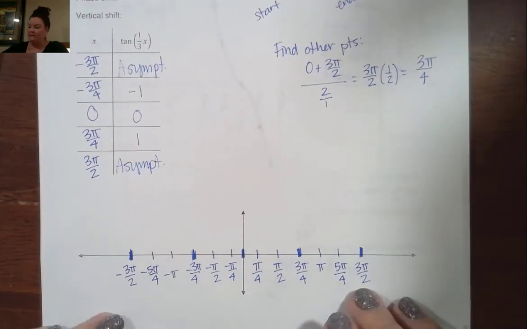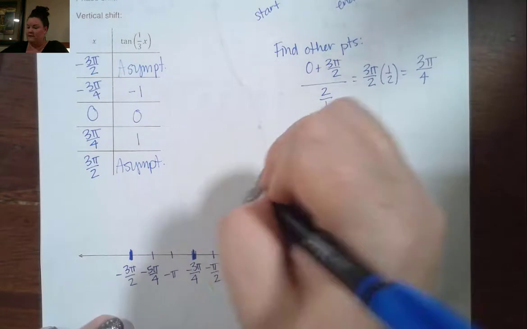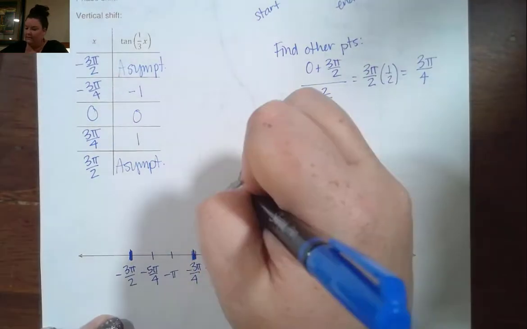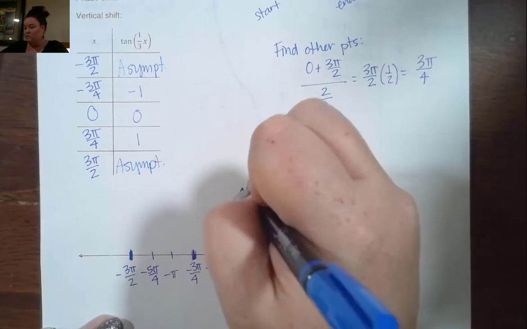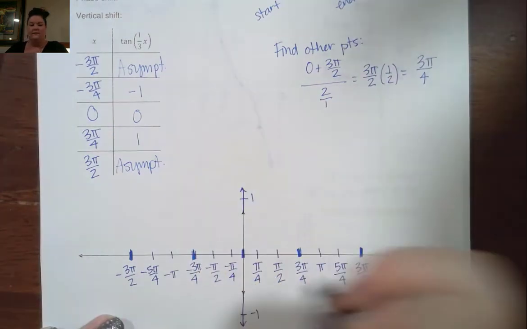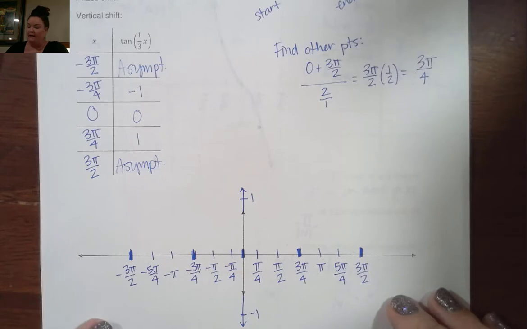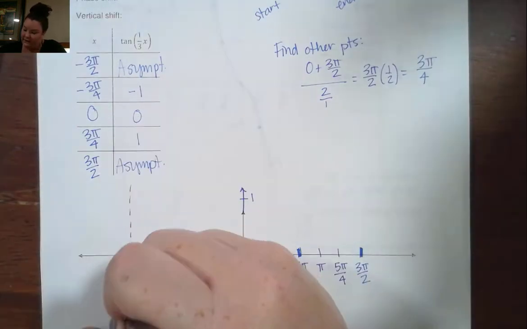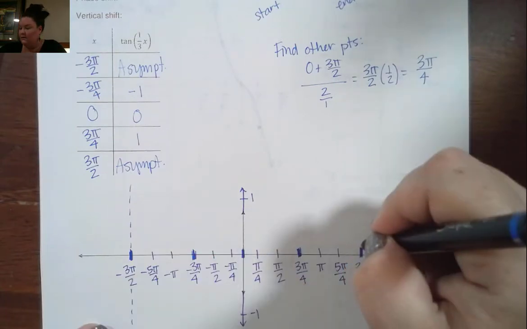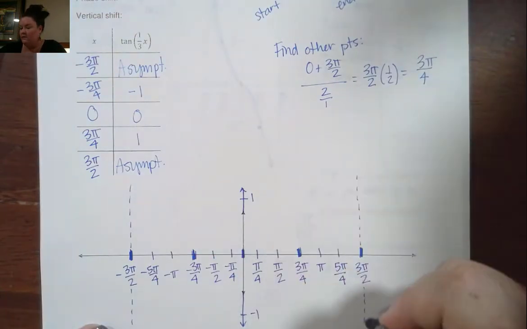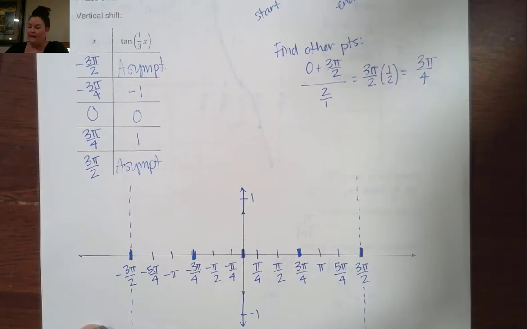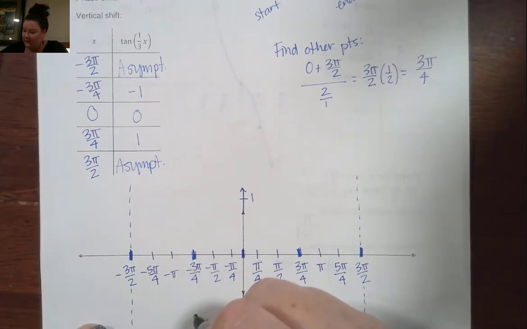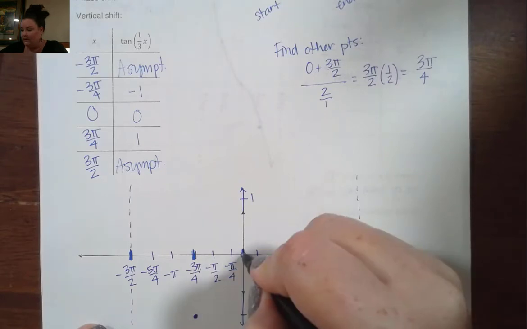So let's go ahead and draw in our graph. I'm actually going to draw this up a little bit. That way we can see the points better. I'm going to say this is 1, this is -1. So at negative 3 pi's over 2, that's where our asymptote is. At negative 3 pi over 4, we're down at -1. 0, we're at 0.